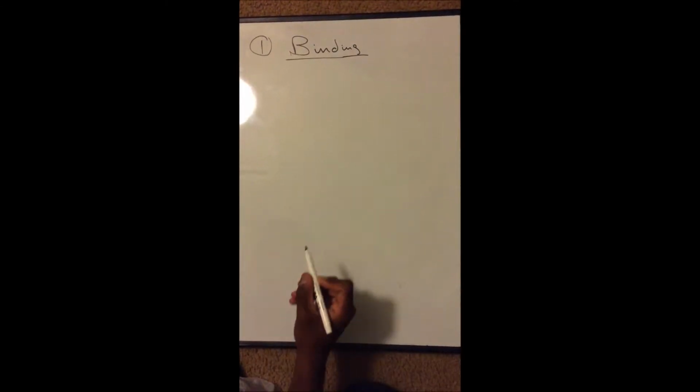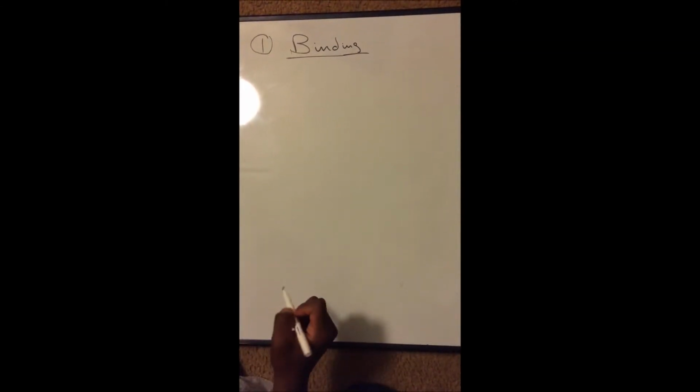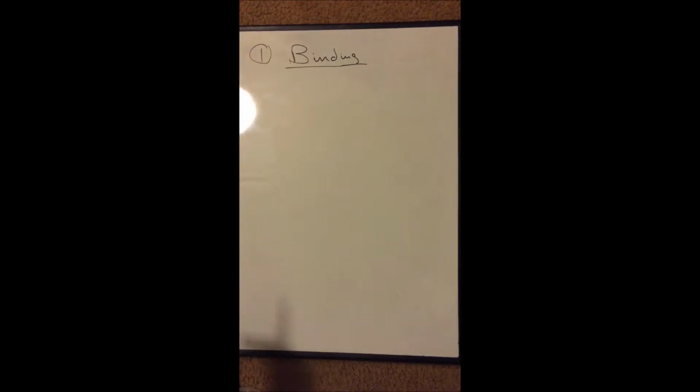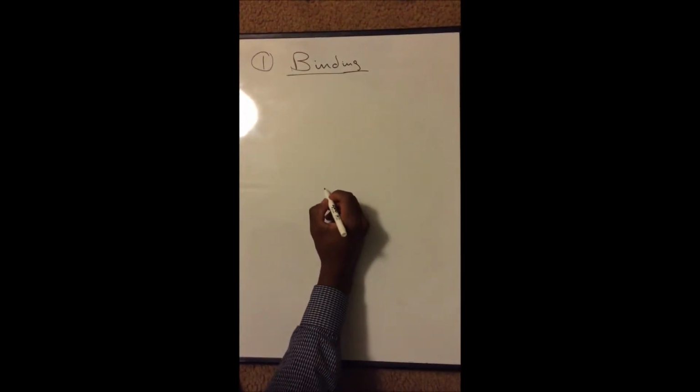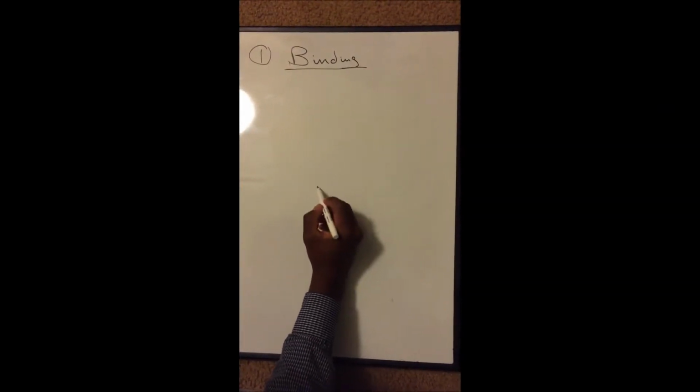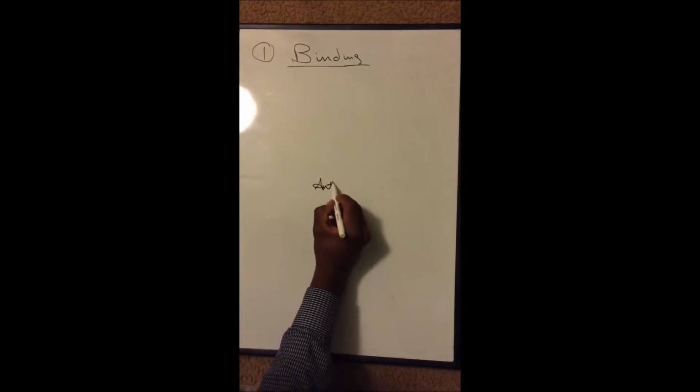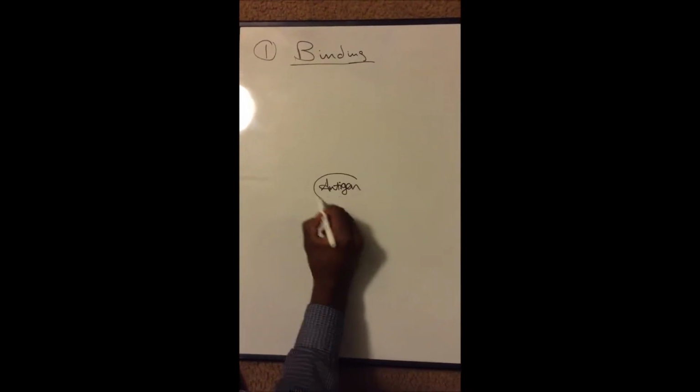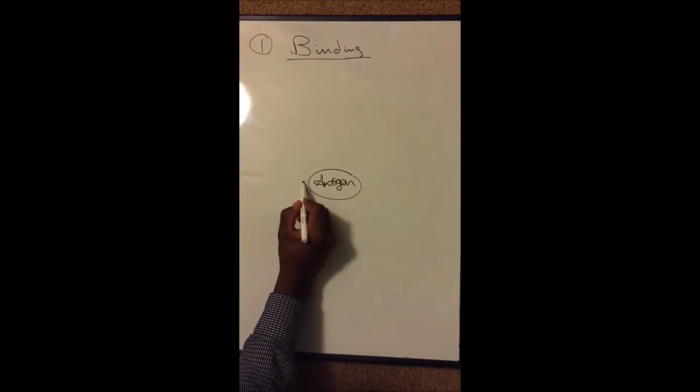So we're going to talk about the case when an antibody binds to an antigen. First, I will draw a diagram of what is occurring. Here's an antigen.